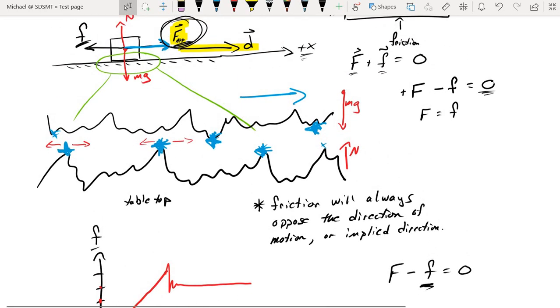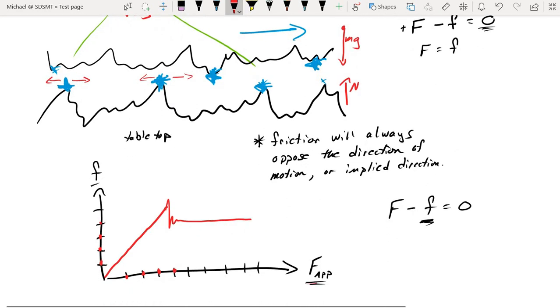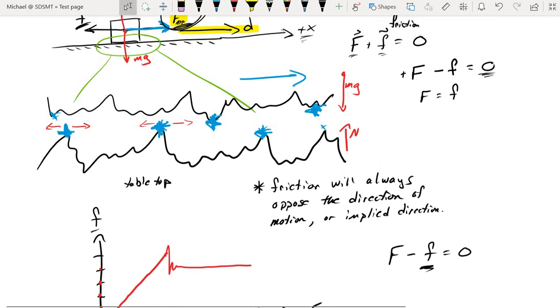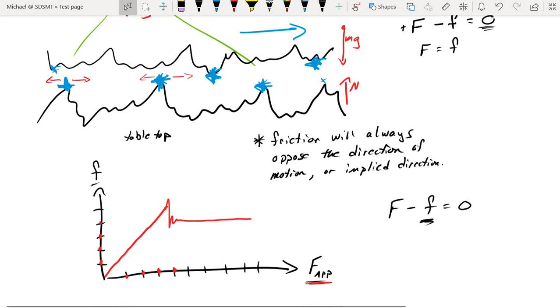And all of these peak-to-peak interactions are still snagging as the block slides across the tabletop, but we've already got so much applied force that those snags are still not going to be able to keep the block stationary. As long as we keep applying that outside force, the block will continue to slide across the tabletop.